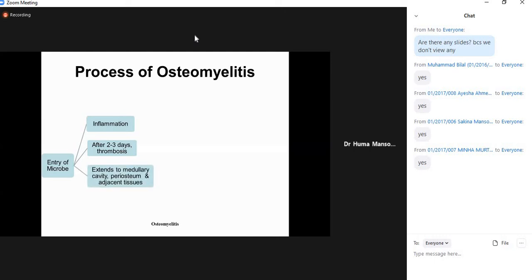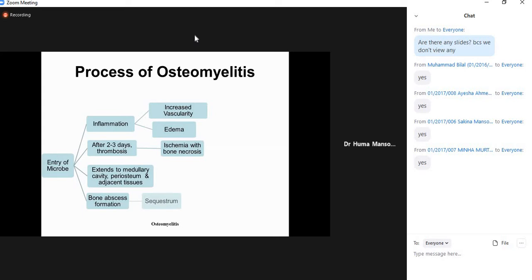Other than that, the microbe gains entry to the medullary cavity, periosteum, and adjacent tissues, and leads to bone abscess formation. This inflammation leads to increased vascularity and edema, and the thrombosis leads to ischemia with bony necrosis.